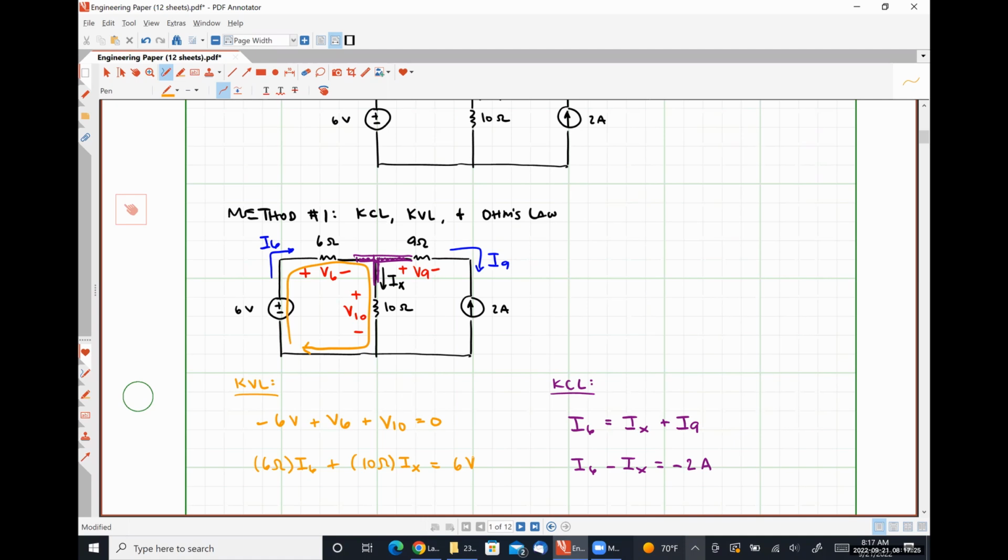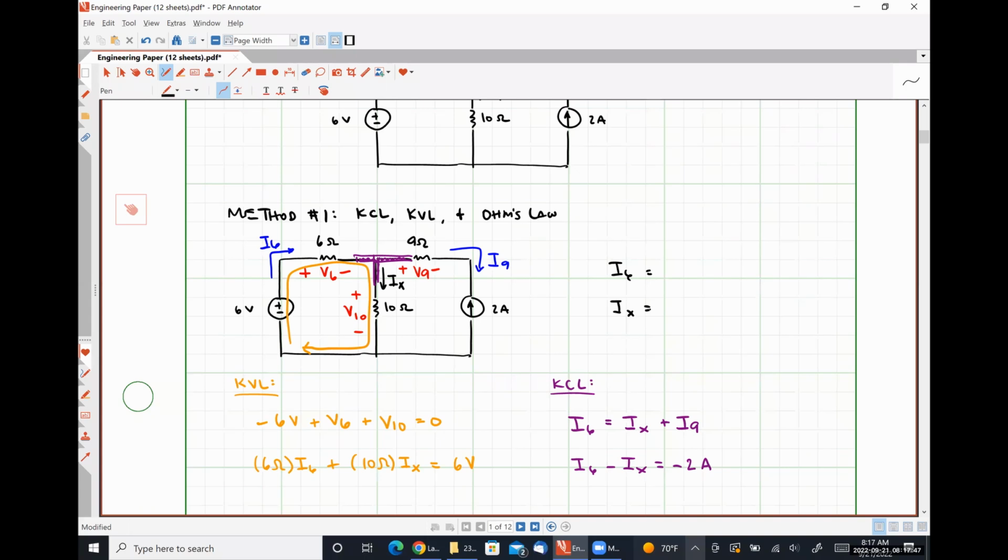So take your calculator out and solve it. We're going to be solving lots of systems of equations in this class, so we might as well get started on it. Okay.